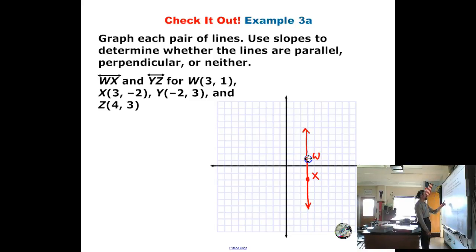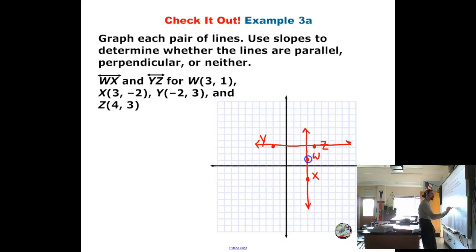Y is -2, 3. And Z is 4, 3. So I have to go over to 4. And I graph that one.